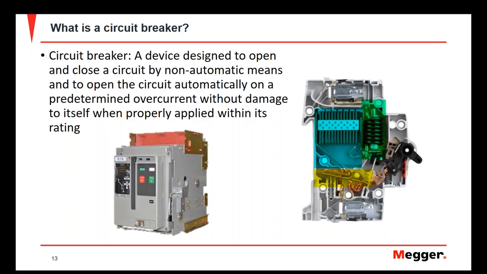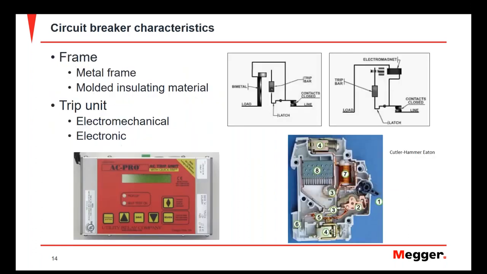And something that's really important to understand is that whenever we talk about a circuit breaker, that circuit breaker needs to be able to withstand the amount of energy that could be produced by that fault condition.